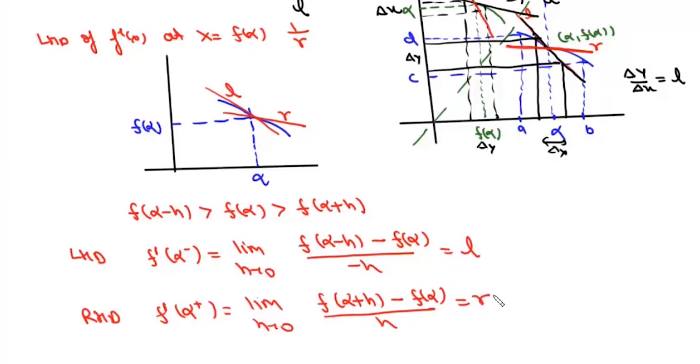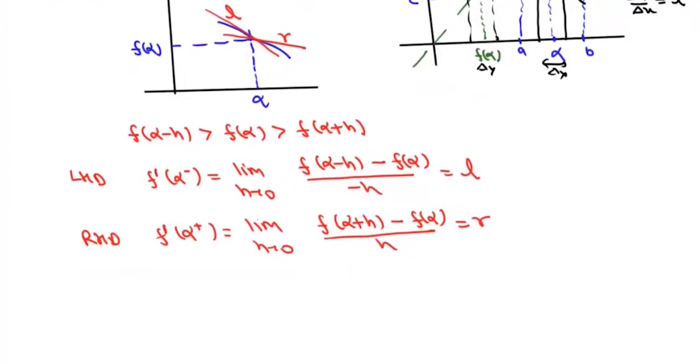Now what we'll do is, we will let beta equals f(alpha). So this point, this is beta. Now if we increase beta, that is if we write beta plus h, then we are increasing the value.